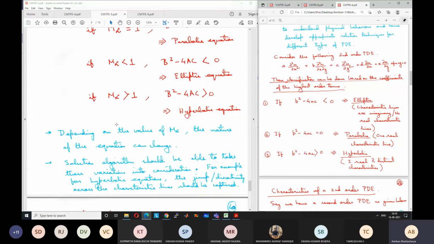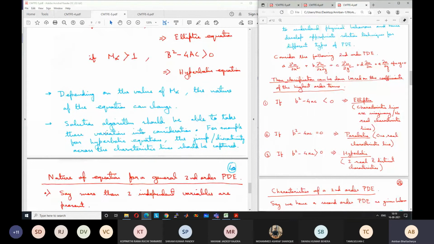Okay. So depending on the value of Mach number, the nature of the equation can change, and as a result, the solution algorithm that we have to develop for this type of flow should depend on the Mach number. So, for example, for a hyperbolic equation, the jump or discontinuity across the characteristic line should be captured.